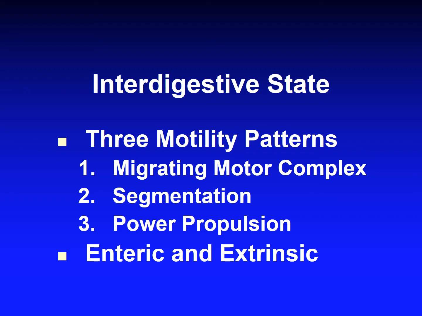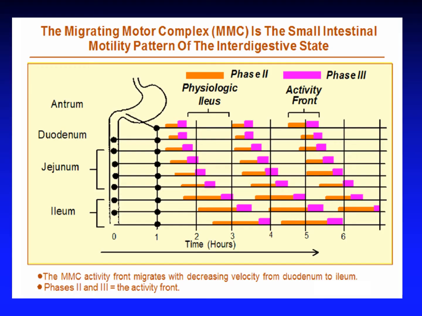Let's talk about the MMC again, just as a reminder. We've talked about it when I talked about motilin, and now we will just remind ourselves of what is going on with this complex.